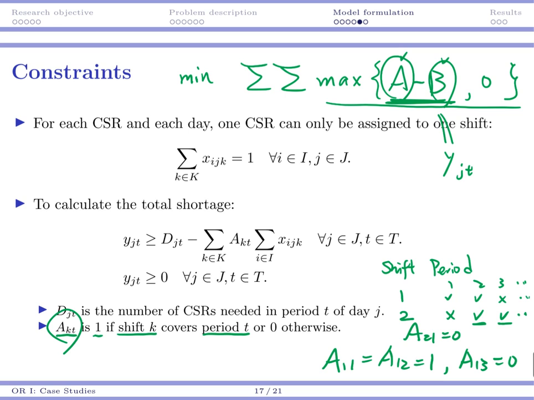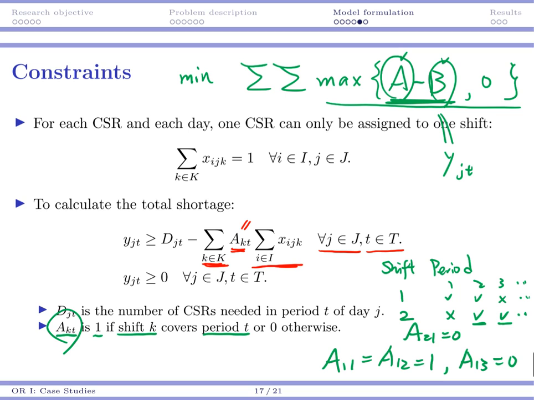So for each particular day, for each period, we take a look at all the shifts. If a shift does not cover that particular period, then no matter how many workers you have working in that shift, they contribute nothing to your workforce.